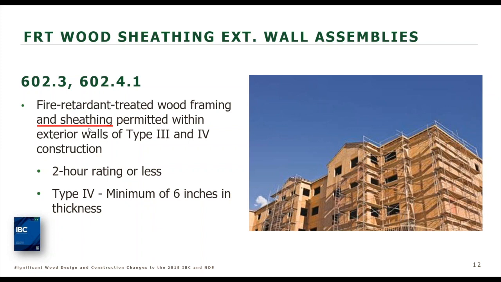And that's because some were considering that fire retardant treated wood is only applied to the studs, but it's applied to the sheathing as well, because we're talking about those exterior walls. Also, ASCE 7 considers sheathing as part of the wall framing. So now, just to make it more clear, not only the studs, but the sheathing may be of fire retardant treated wood.